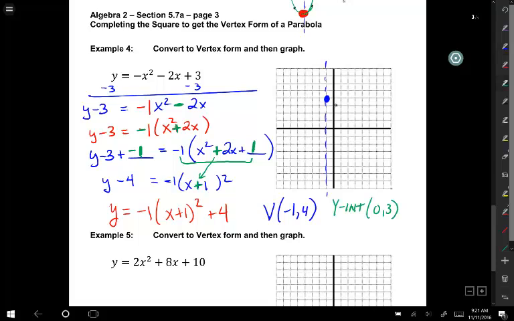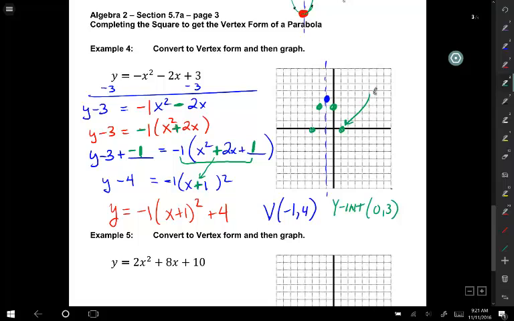You can go down, over 1, down 1, right? Yeah, that's right. I went over 1, down 1. My next step is going to be over 2, down how far? 4. Over 2, down 4.